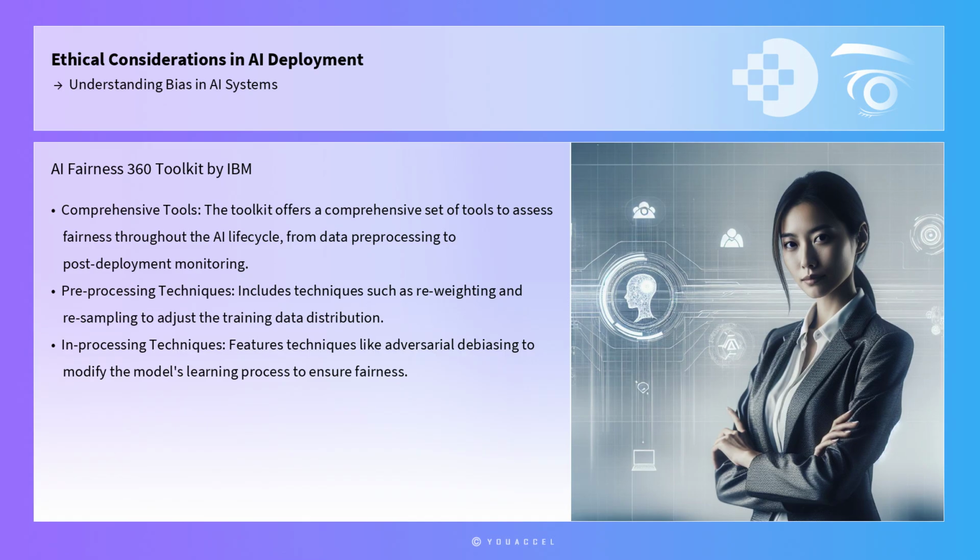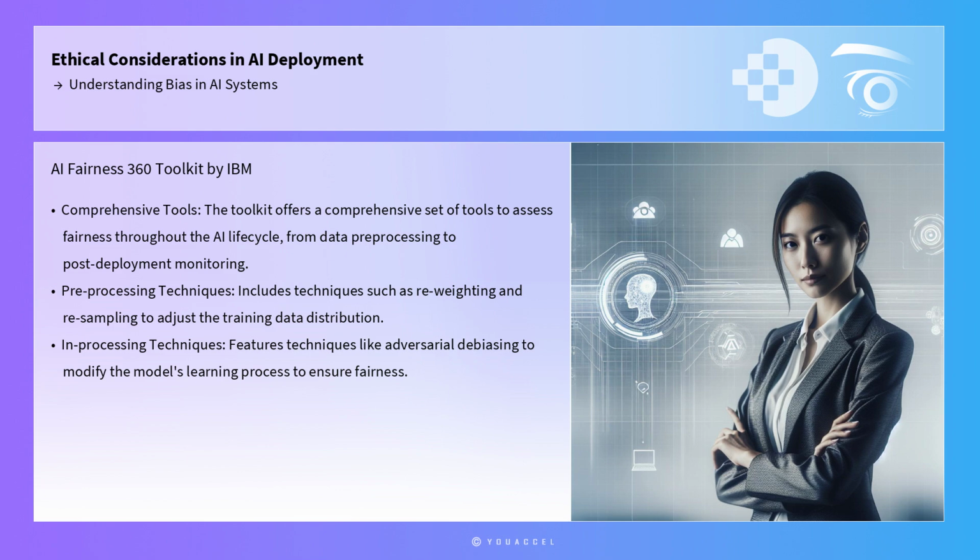Another critical framework is the AI Fairness 360 Toolkit developed by IBM, which provides a suite of metrics and algorithms to detect and mitigate bias in AI models. The toolkit offers a comprehensive set of tools to assess fairness throughout the AI lifecycle, from data pre-processing to post-deployment monitoring.